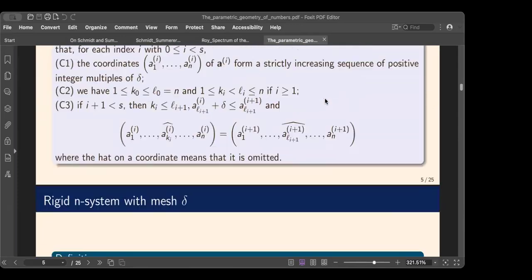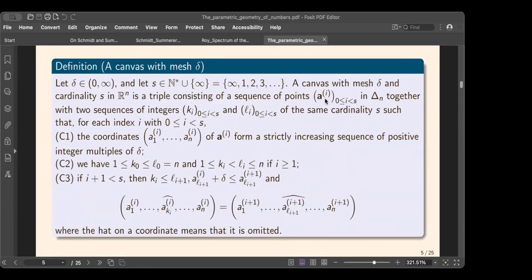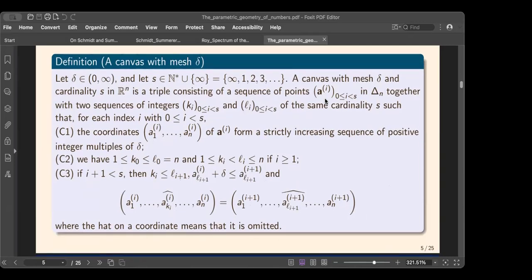So I will go back to this definition. And in condition 2, he claims that for each i larger than 1, K_i is less than L_i. It's a restriction of the rigid n-system. And condition 3 means that in each step, from step i to step i plus 1, only one node has changed.